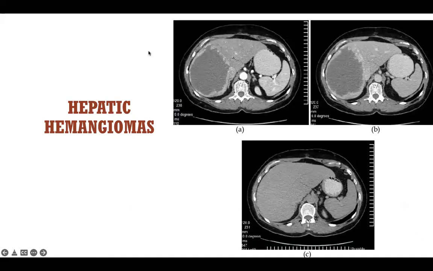Here, more clearly on triphasic CT scan, this is a large hepatic hemangioma with irregular enhancement during the arterial and portal phase, but isodense in the delayed phase.